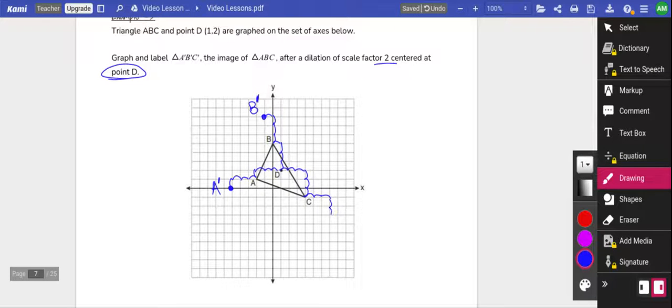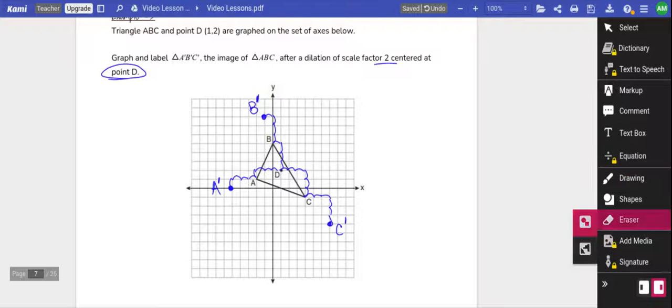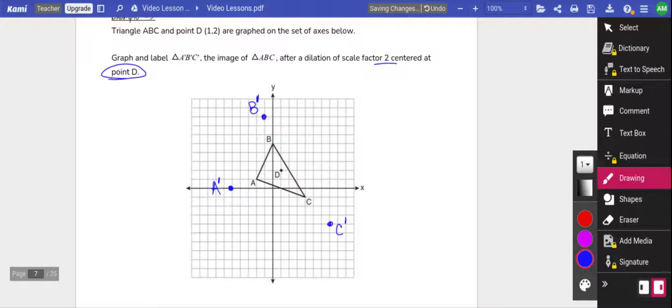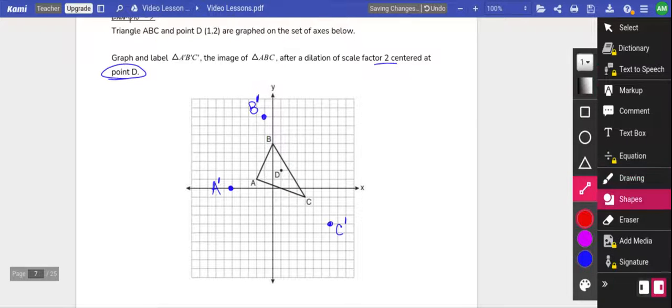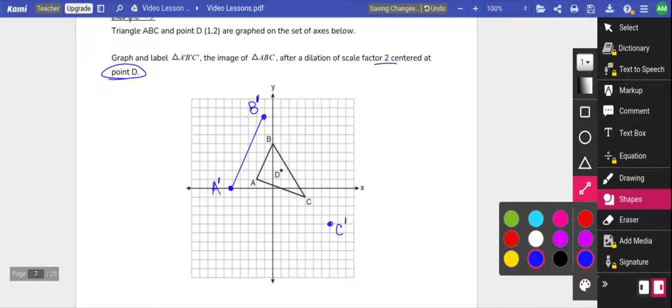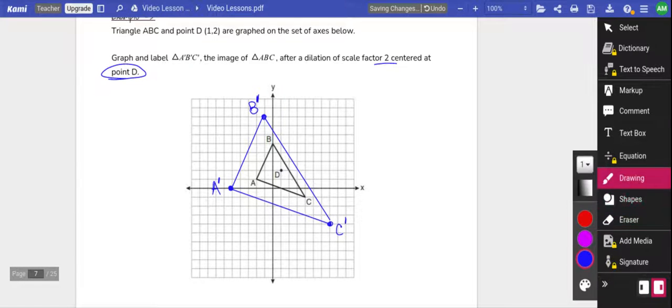Right 3, down 3. Here is C prime. I'm going to erase these hops that I have in the middle here, my slope triangles, so that it's easier to see my shape when I draw it. And here is my new figure.